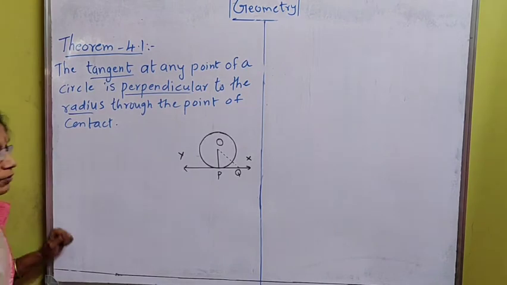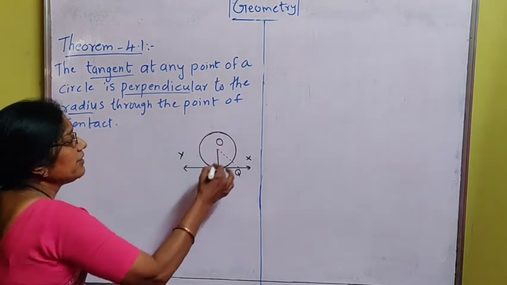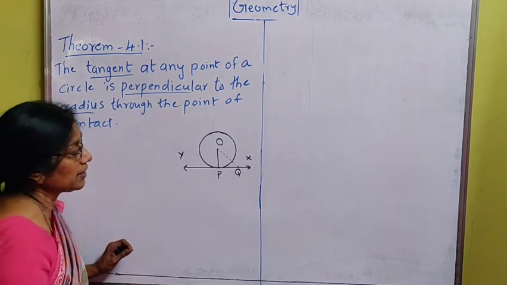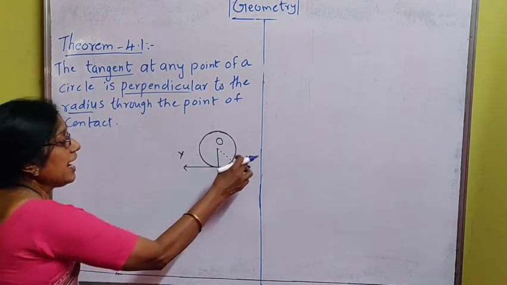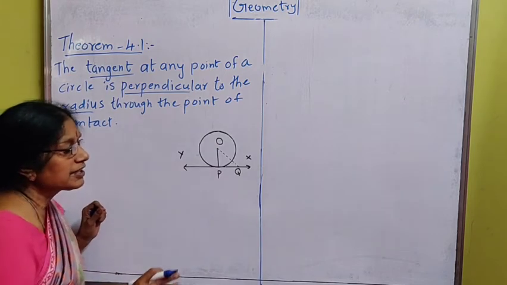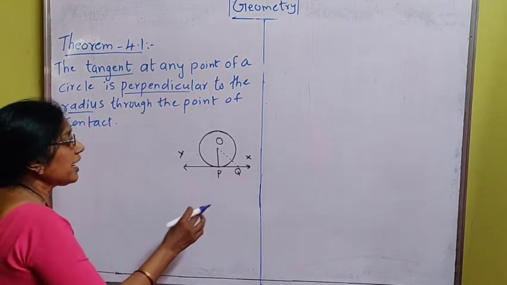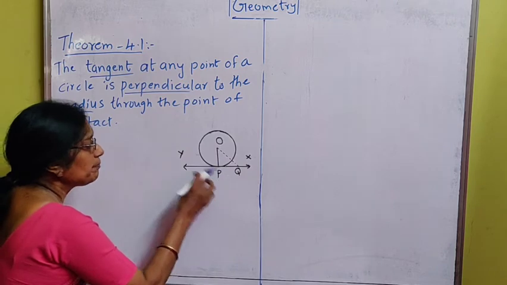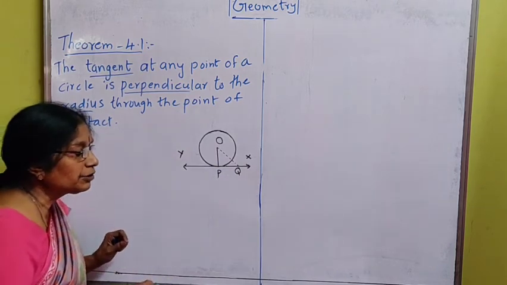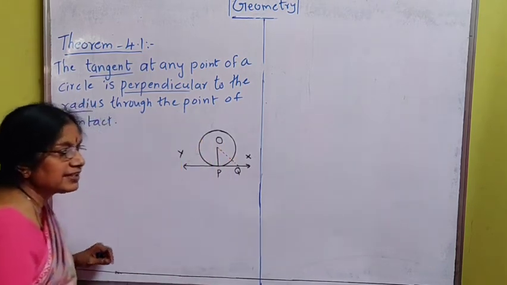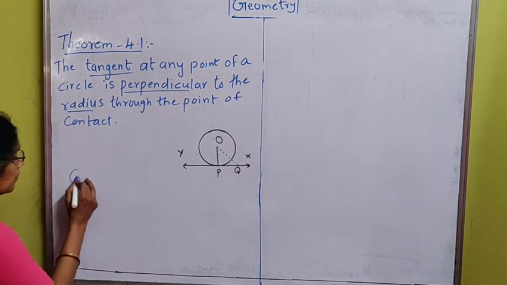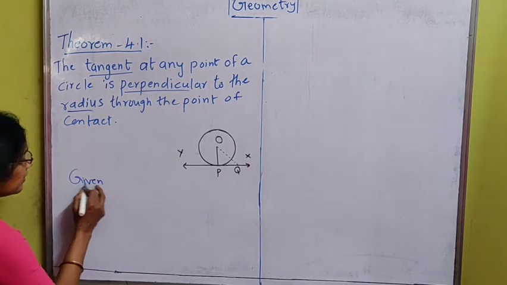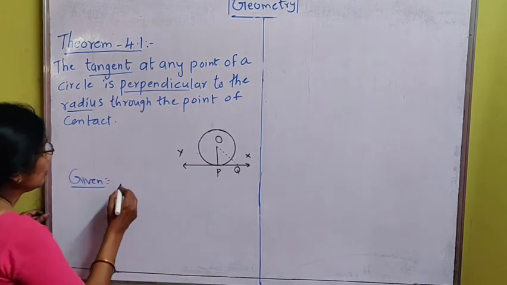So what is given to us? The circle with center O is given to us. Another thing given is that XY is a tangent, and the point of contact is P, and OP is the radius. This much is given to us, so we will write it down as given.